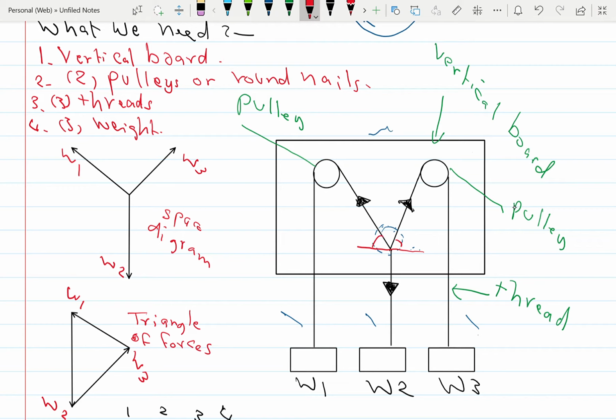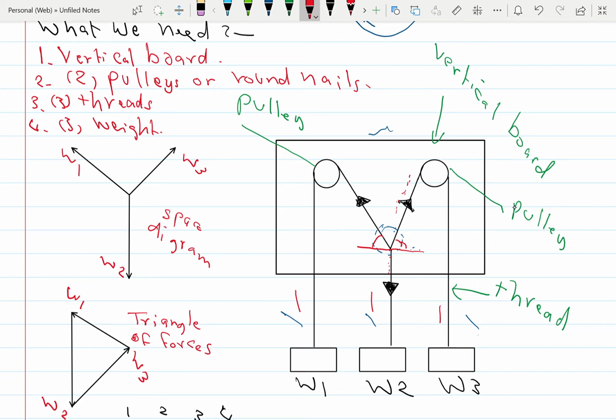And this should be vertical, so it should be 90 degrees with this horizontal line. If we know these two angles, then we will know the direction. Each weight, number 1, 2, and 3, is exerting tension on this thread here. Weight 2 exerted tension in this direction, up.